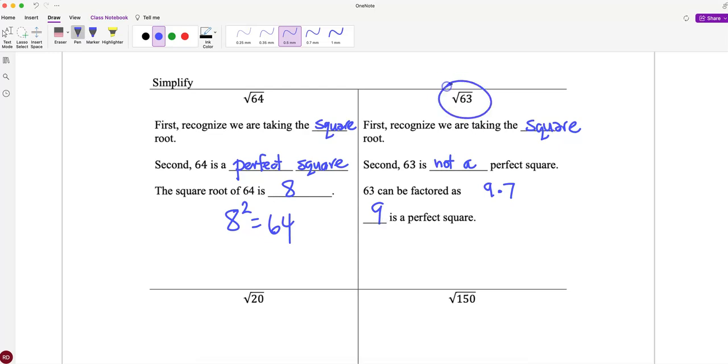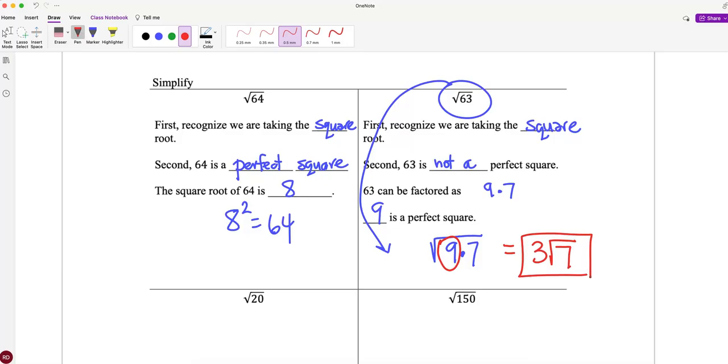So to simplify this in what we call simplest radical form, this is the square root of 9 times 7. And you recognize that 9 is a perfect square. So this is 3 root 7. So that is simplified. That's the exact answer of simplifying the square root of 63.